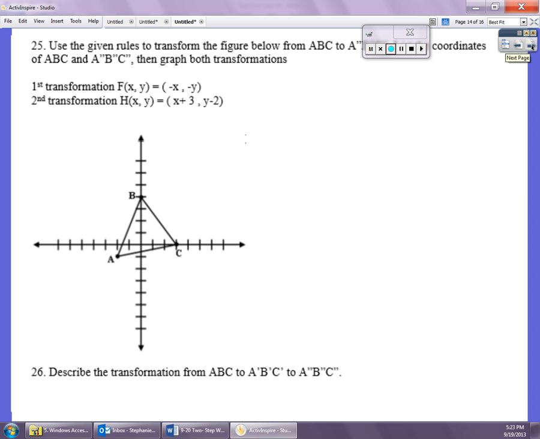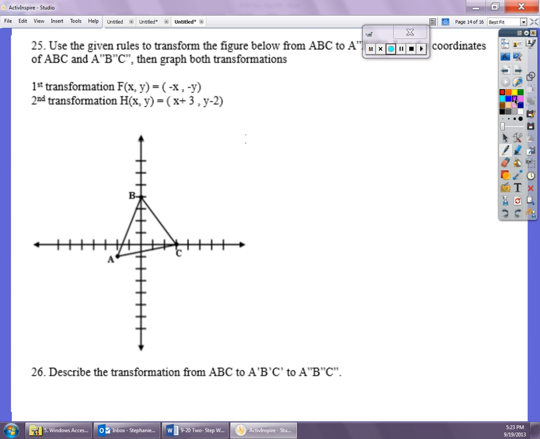Alright, this next one, not only did you have to transform, but you also had to write down the coordinates. So our original coordinates, we know that A is (-2, -1), B is (0, 4), and C is (3, 0). So now the first thing that you're going to do is rotate 180 degrees about the origin.